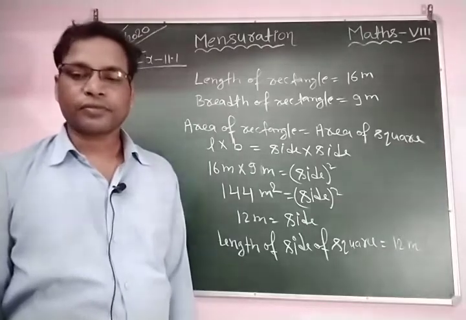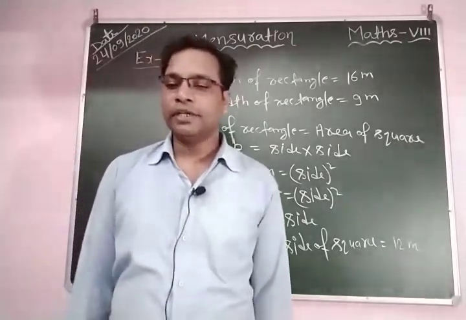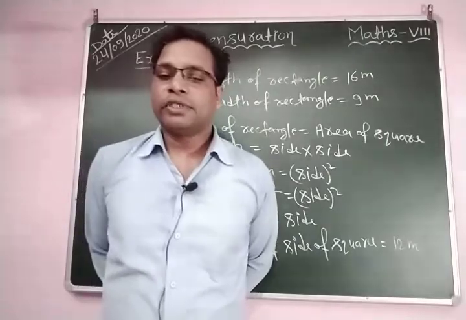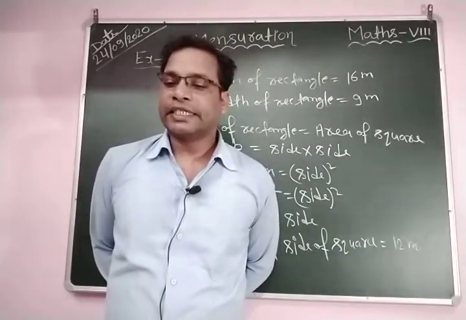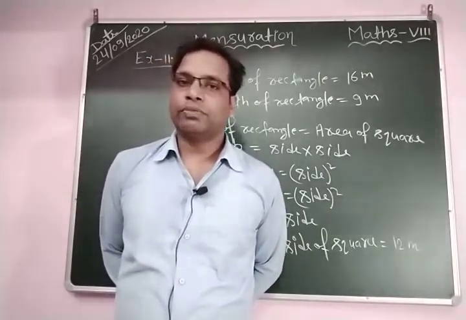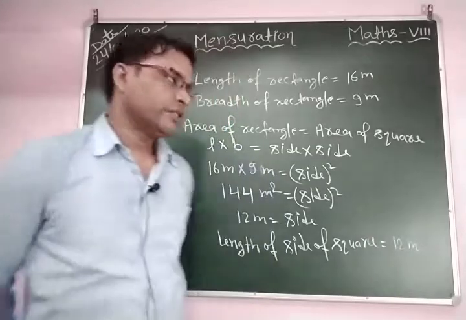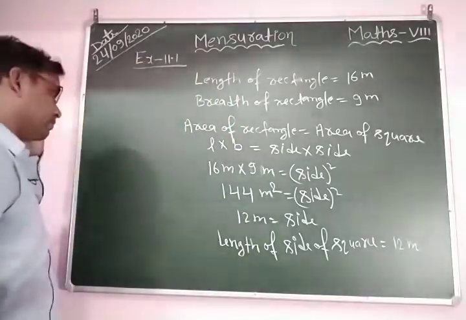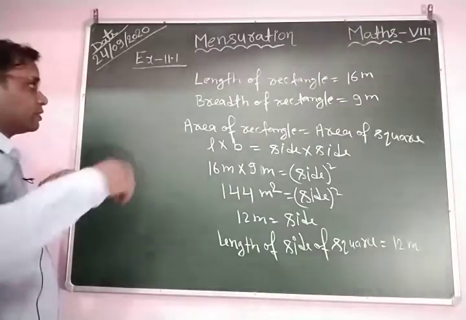Also the question includes: by how much does the perimeter of the rectangle exceed the perimeter of the square? So first you find the perimeter of the rectangle. What is the perimeter of a rectangle equal to? You know very well, 2 into length plus breadth.